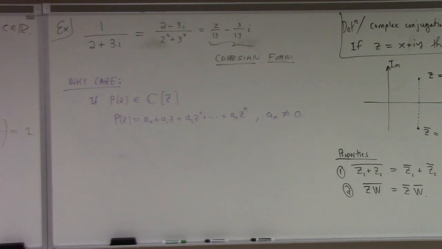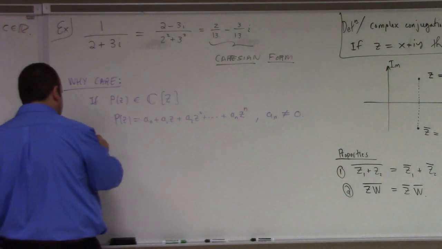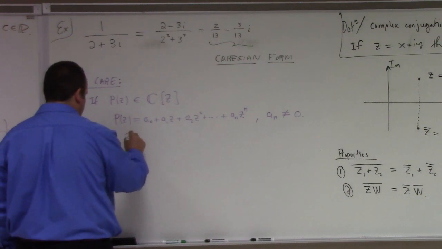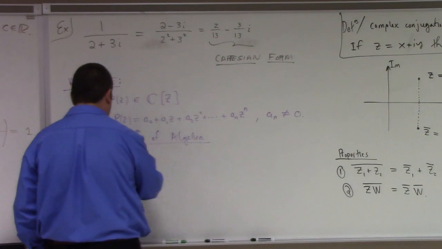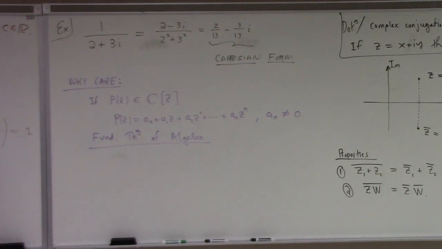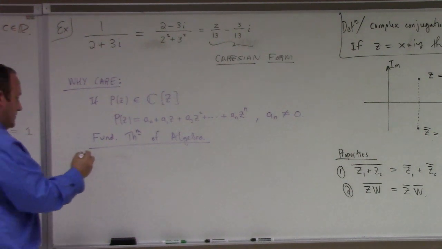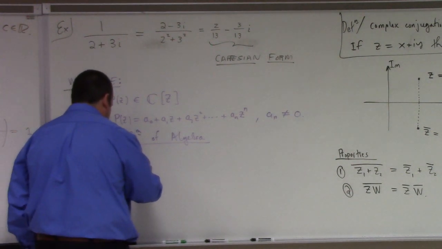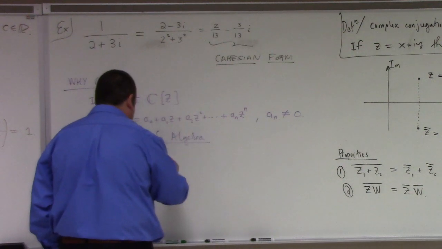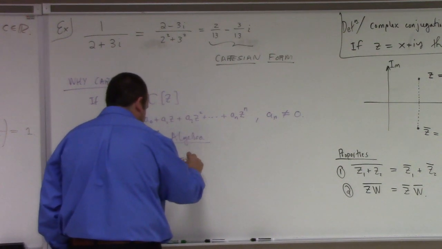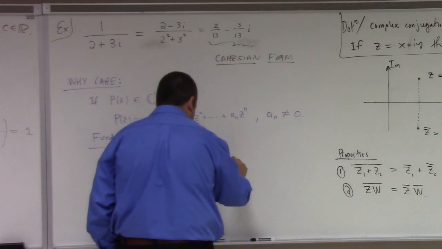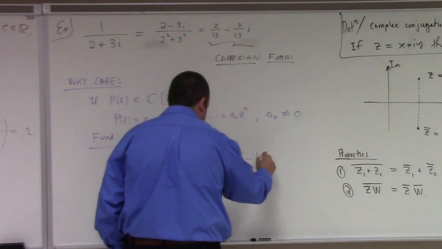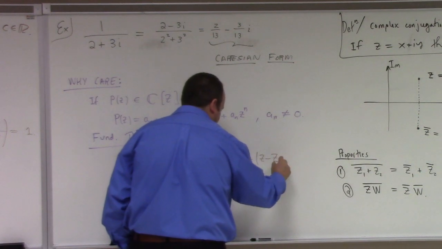So one of the reasons complex numbers are interesting is that the fundamental theorem of algebra says what? It says that such a P of z can be written as, I can factor an out, and then I can say z minus z1 to the m1 times z minus z2 to the m2, up to z minus zk to the mk.